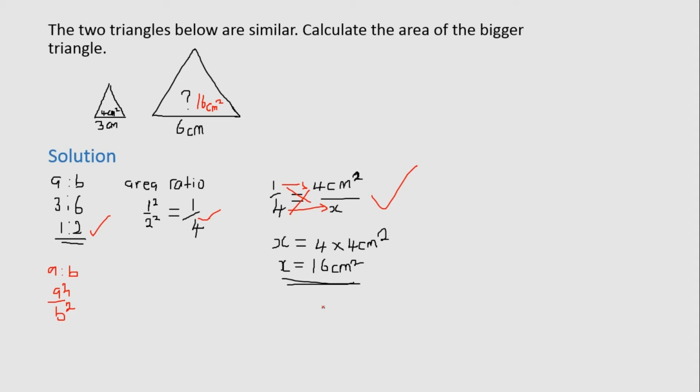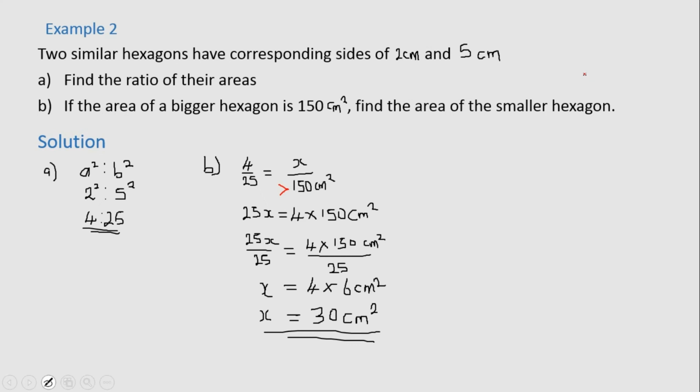Let us look at another example. Example number 2. Two similar hexagons have corresponding sides of 2 centimeters and 5 centimeters. Find the ratio of their areas. Then B: if the area of the bigger hexagon is 150 centimeters squared, find the area of the smaller hexagon.